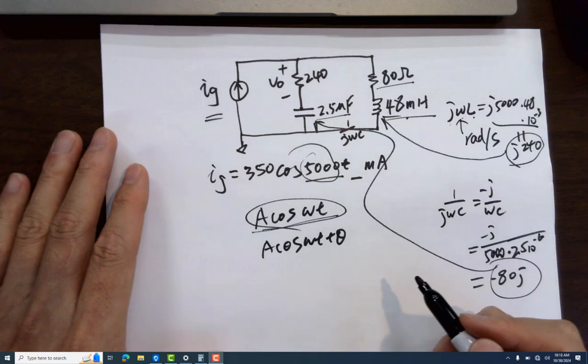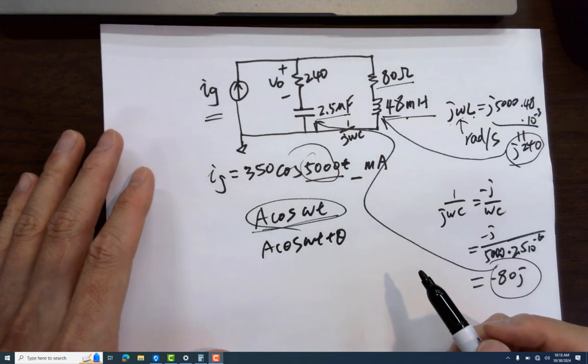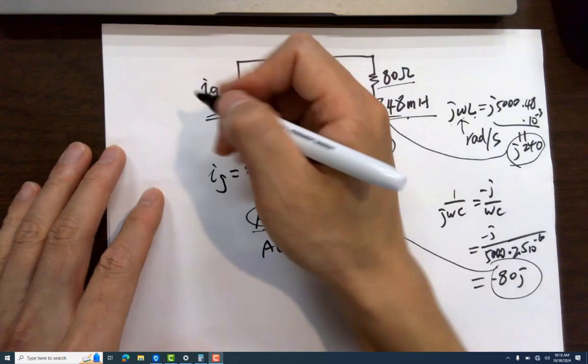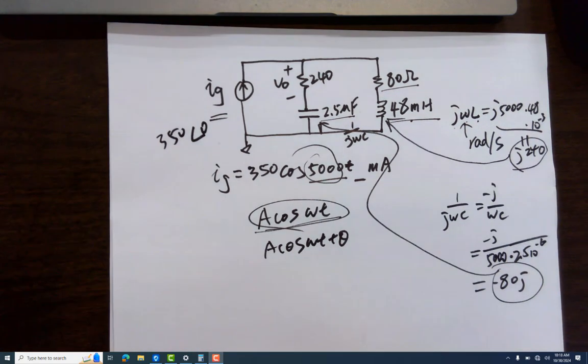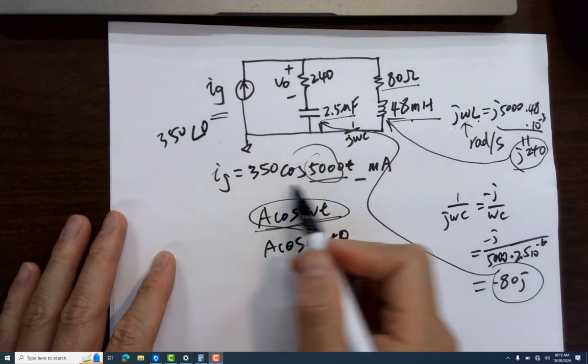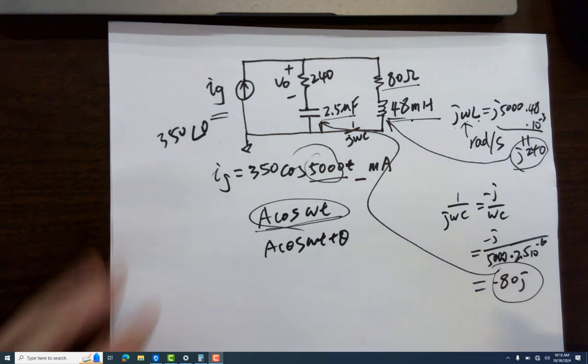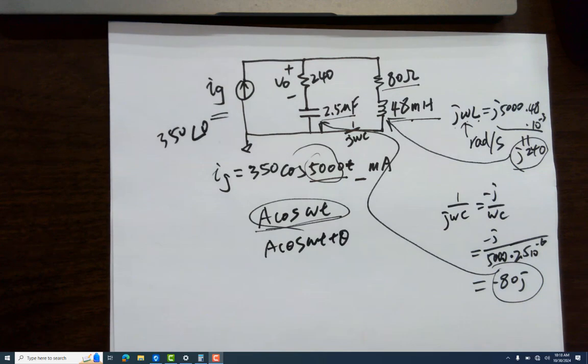In the phasor form, it's just a constant: 350 angle 0. It's just a reference. If you compare to another signal, there may be a phase shift. But since we have a 0 angle here, we're using this signal as the reference starting point, so all the shifts are compared to this one.